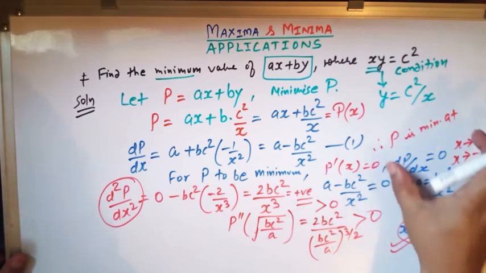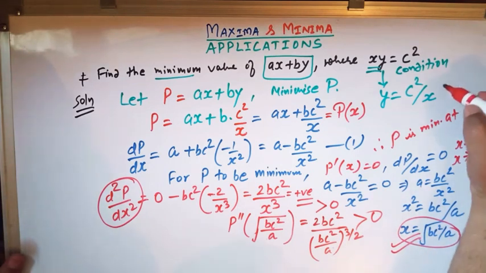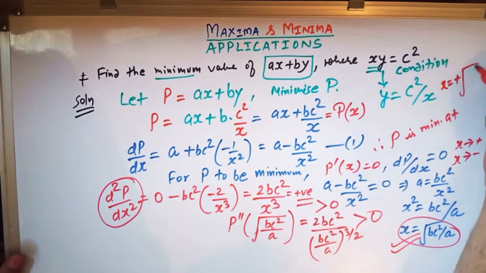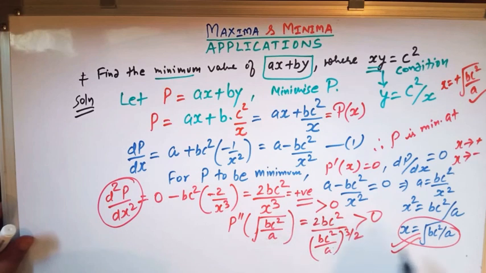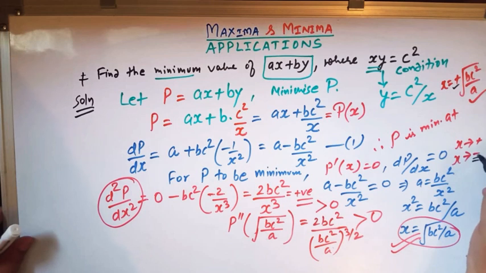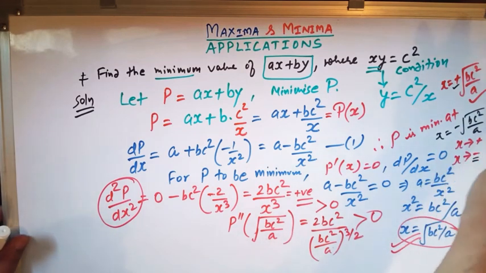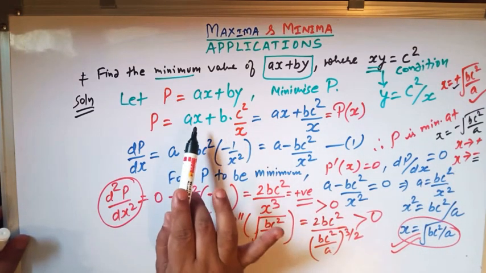So therefore the minimum value of P occurs when x is equal to plus square root of bc square over a, and the maximum value of P occurs at x equal to minus square root of bc square over a.